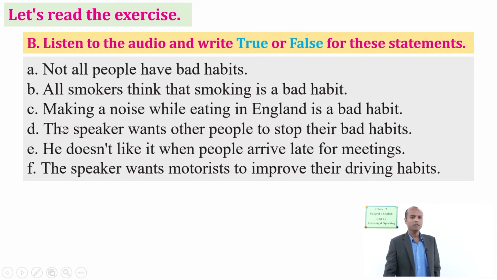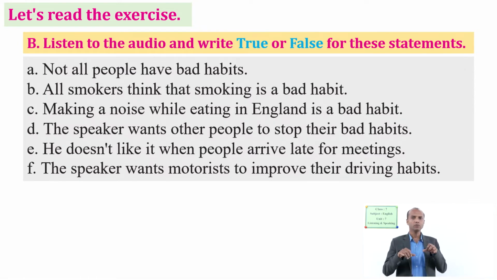Next, the speaker wants other people to stop their bad habits. What does the speaker think about other people's bad habits? E, he doesn't like it when people arrive late for meetings. You have to decide. And finally, the speaker wants motorists to improve their driving habits. Do you know who motorists are? Very good.